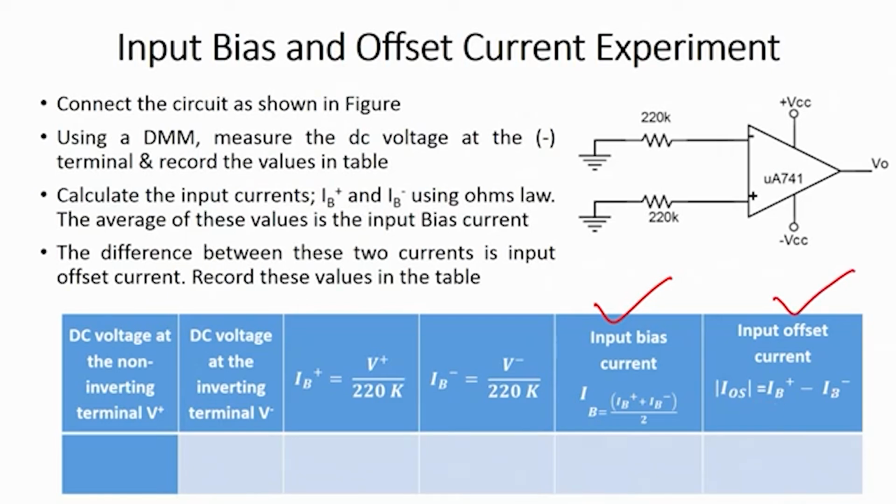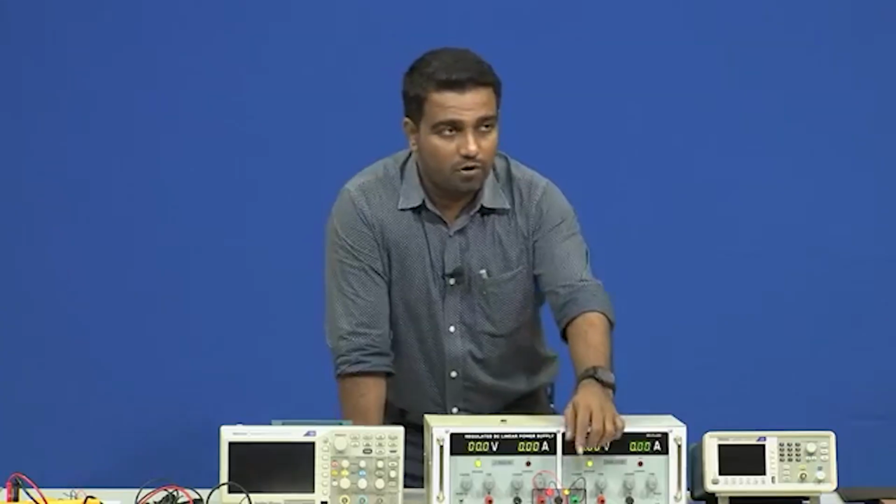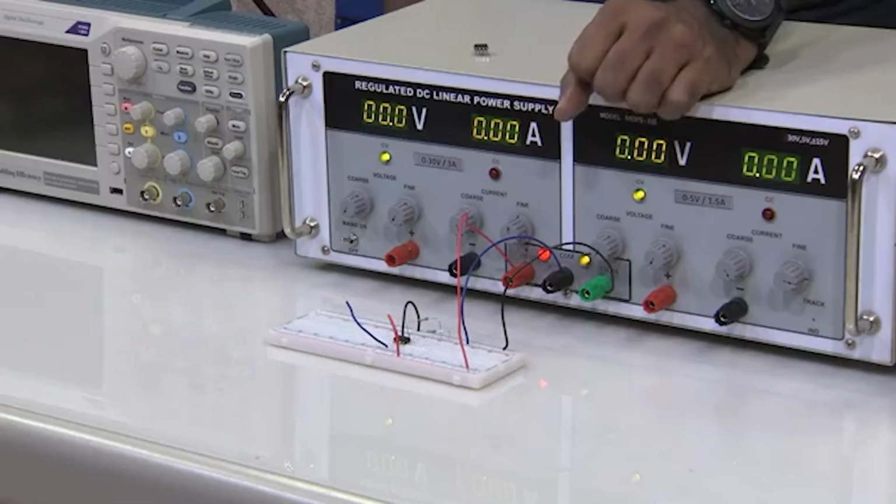Input offset current is IB plus minus IB minus, the input bias current at the non-inverting terminal minus the input bias current at the inverting terminal. We already know how to calculate input bias current. So, let us see once again, if we connect it. There is a breadboard here, again you can see the breadboard, right.